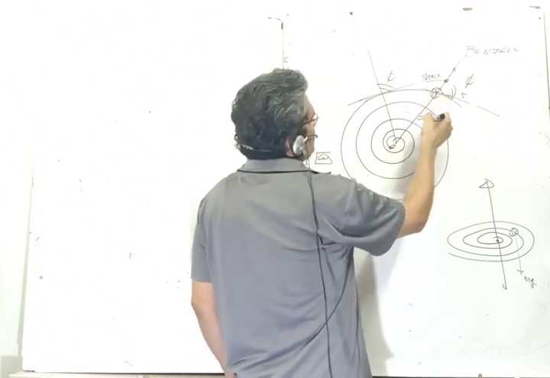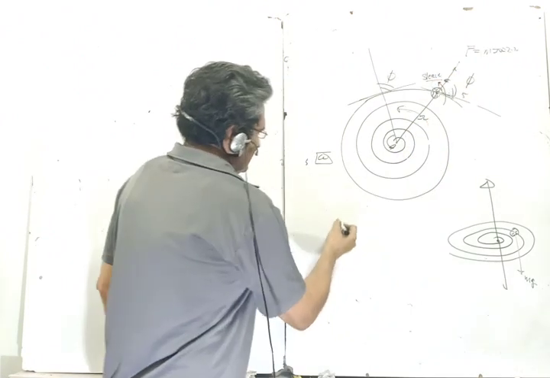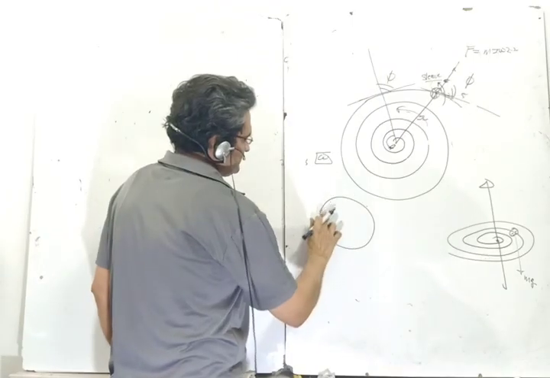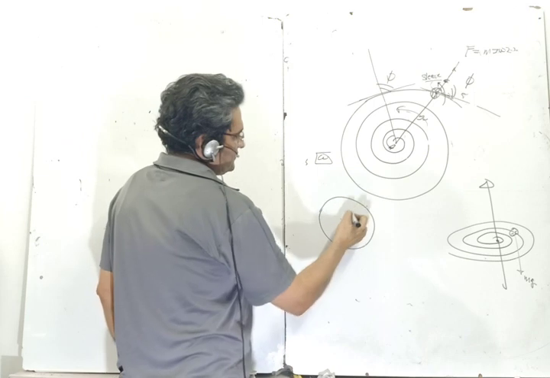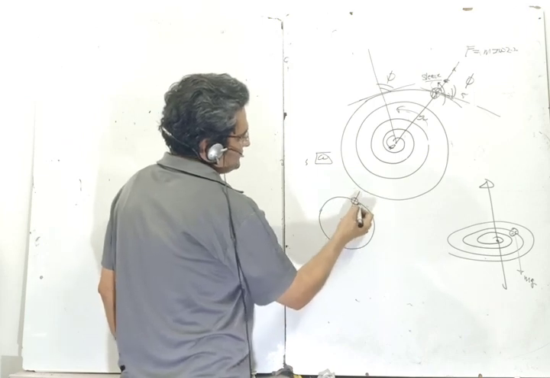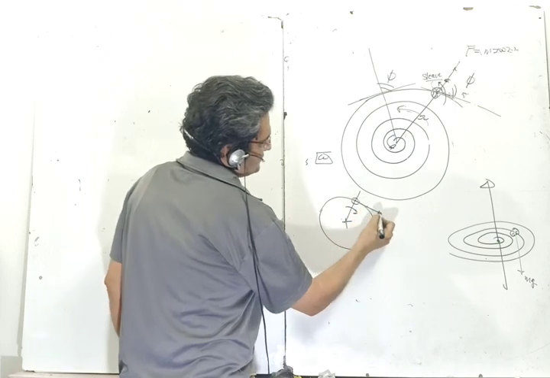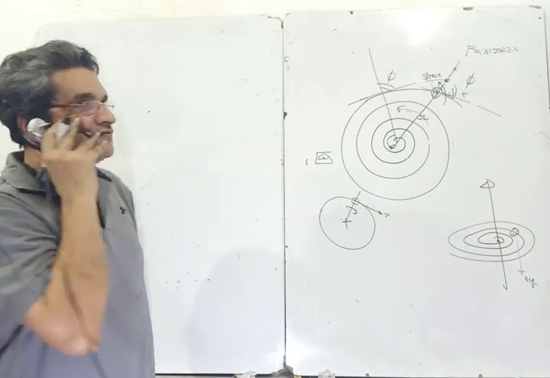This omega affects it, because in the case of a pure circle, it is moving with some velocity on the circle, and there won't be any Coriolis force.